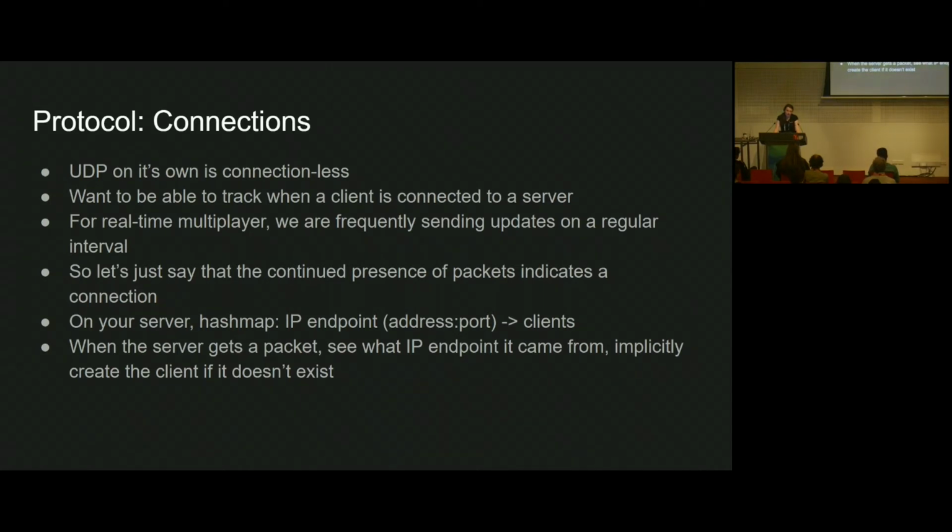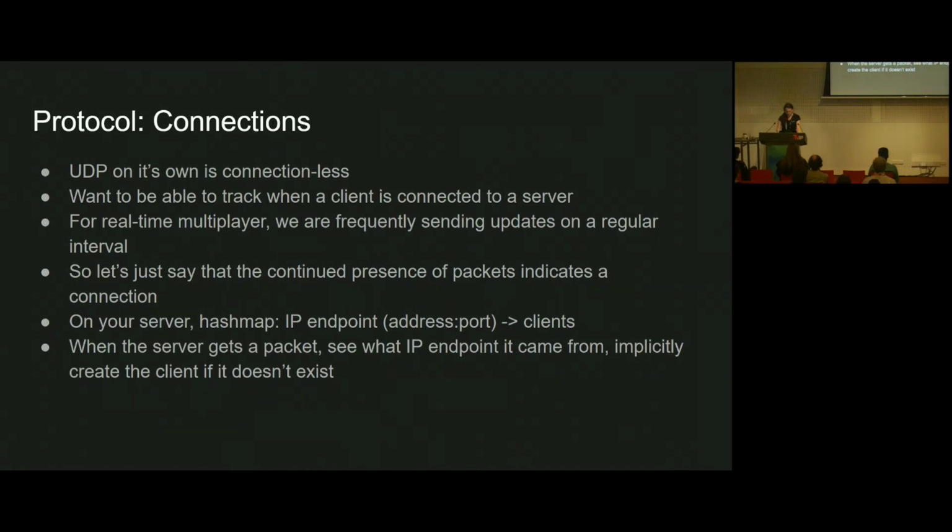We can say, oh, hey, I got a connection from this IP, therefore I've got a connection from that IP. And then if we don't see packets for a certain period of time, the connection times out. So on your server, you can just have a hash map of IP endpoints to the game clients. And when it gets a new packet, it just implicitly creates the client if it doesn't already exist.